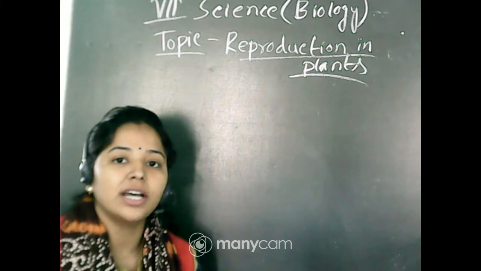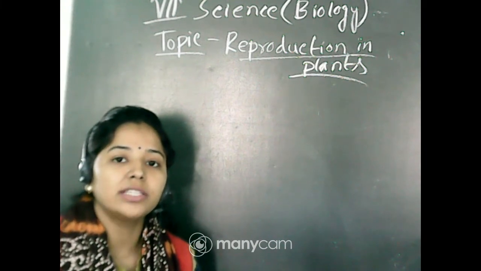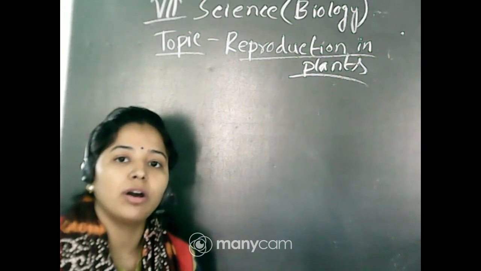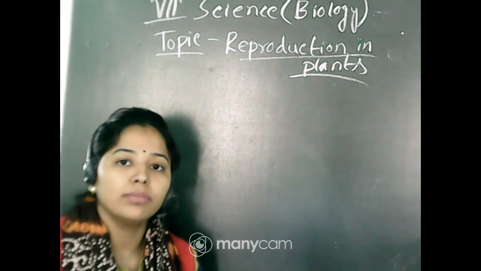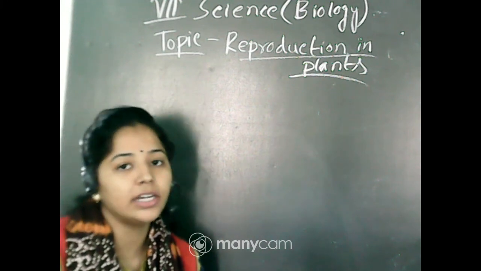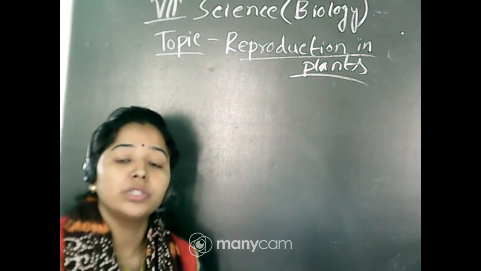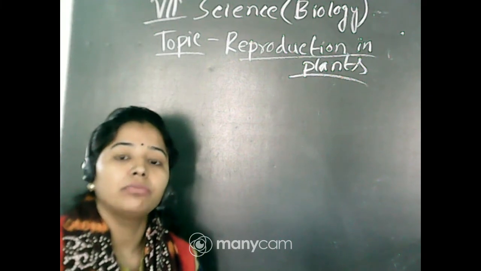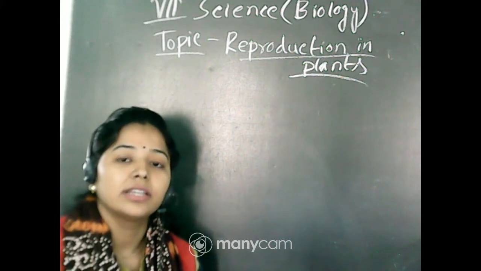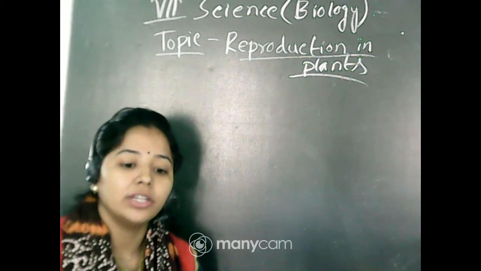This is how the transfer of pollen grains from the anther of the stamen to the stigma of the pistil takes place. This is called pollination.